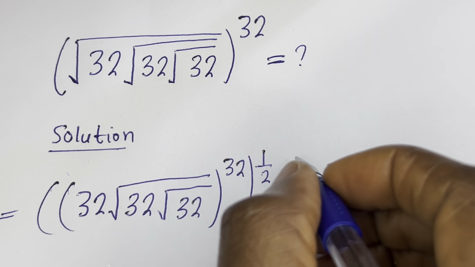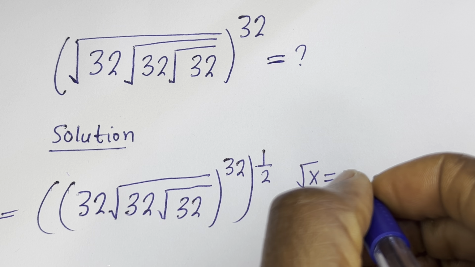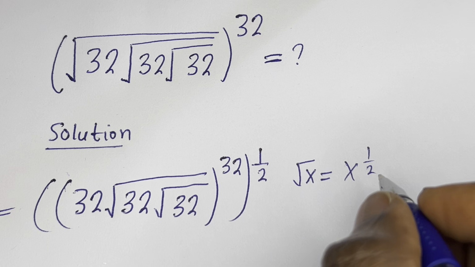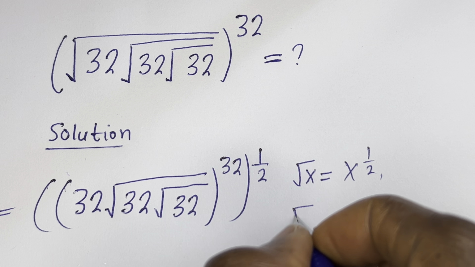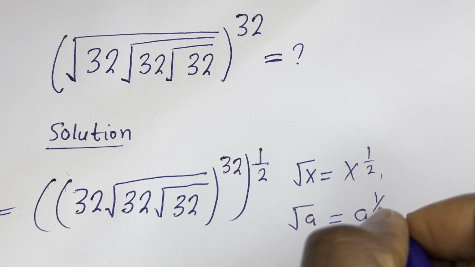Because if you have square root of x, this is equal to x to the power of 1 over 2. Also, if you have square root of a, this is equal to a to the power of 1 over 2.